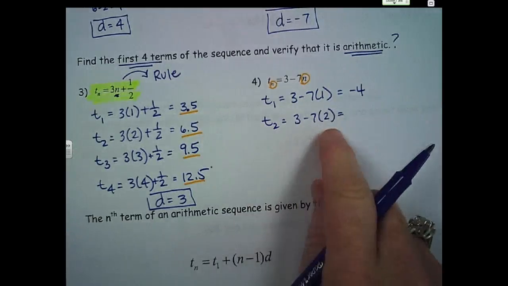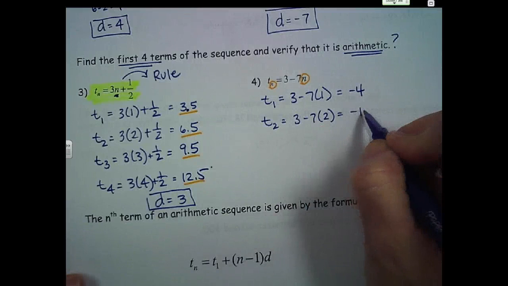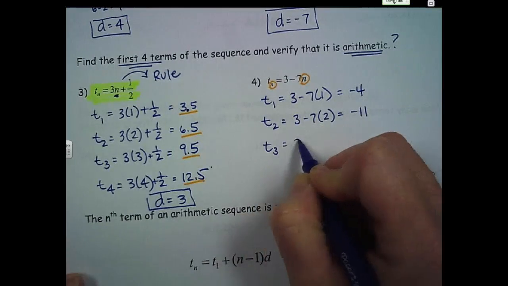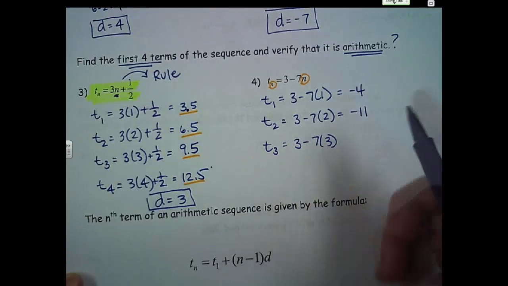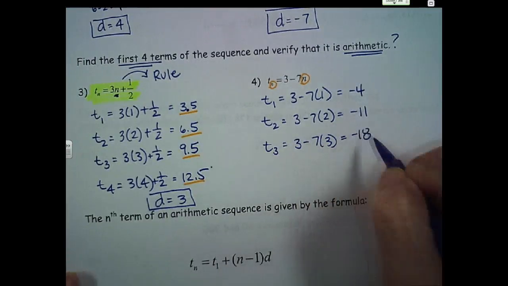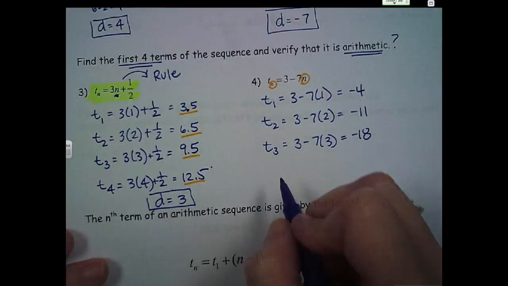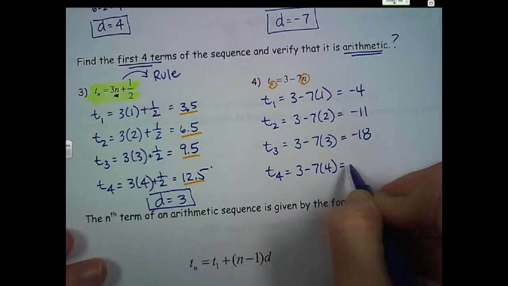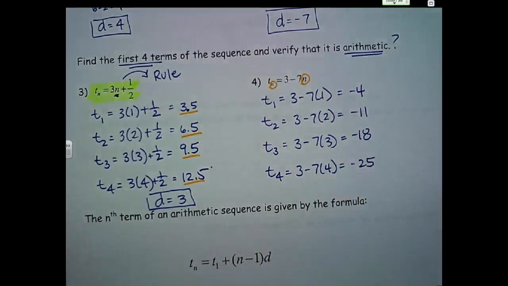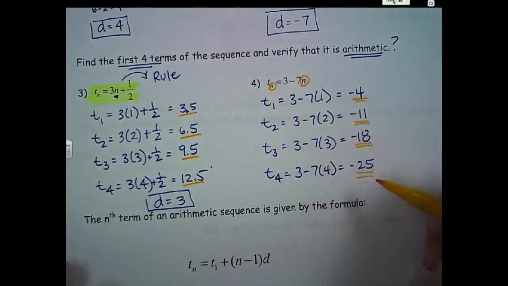Remember you multiply first, so it's 3 minus 14. The third term would be 3 minus 7 times 3. So 3 minus 21. And then t sub 4. Here's my first 4 terms, negative 4, negative 11, negative 18, and negative 25.